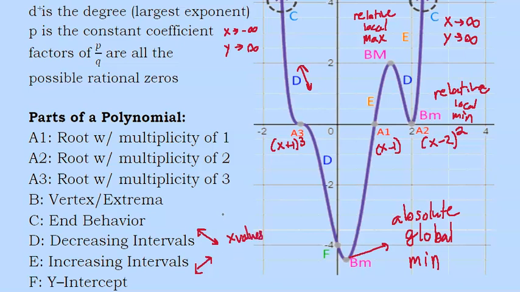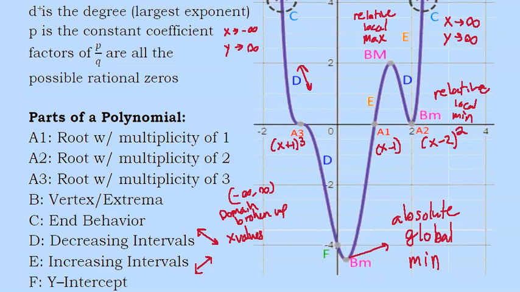The domain is broken up into two different types of intervals. Decreasing intervals and increasing intervals. Because domain's always going to be from negative infinity to positive infinity, or all real numbers here, so we might as well specify it a little bit more here.